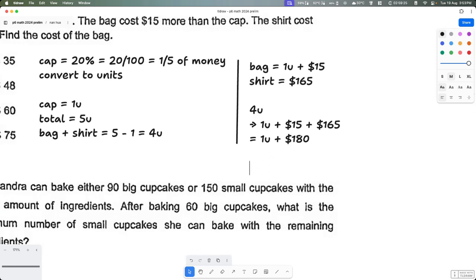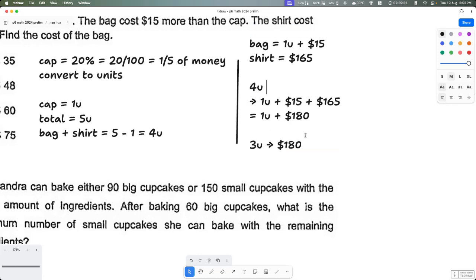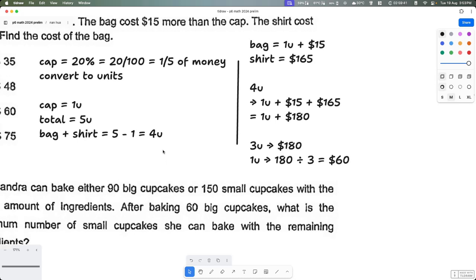Then that means 3 units is equal to $180. Then 1 unit is equal to 180 divided by 3 is equal to $60.